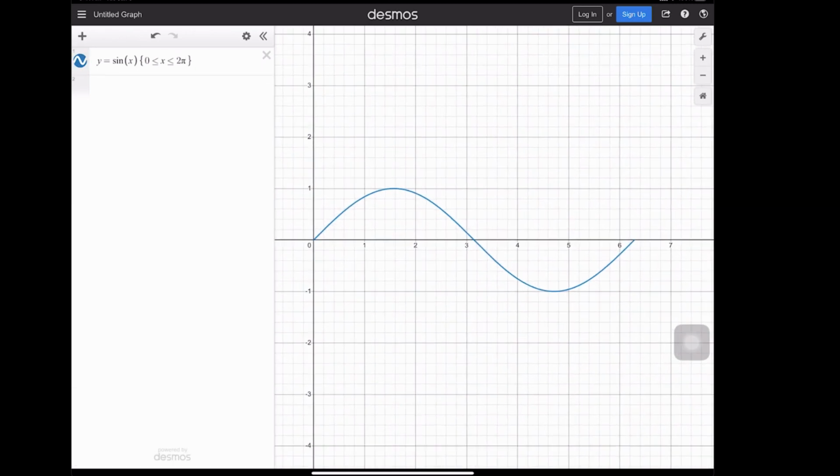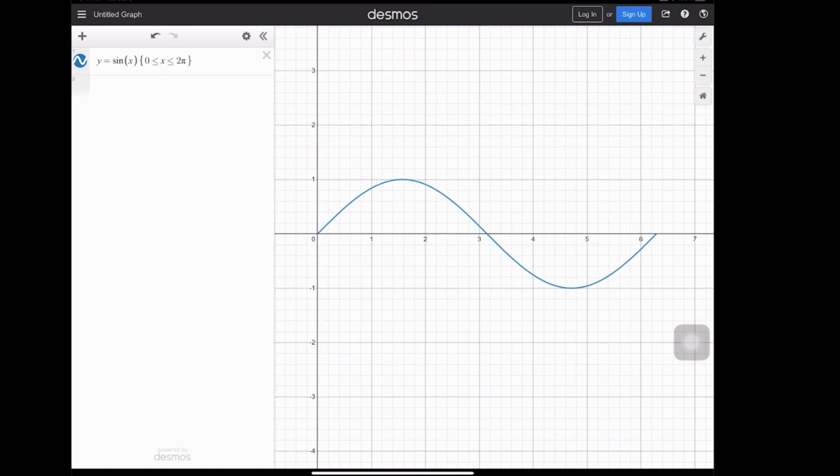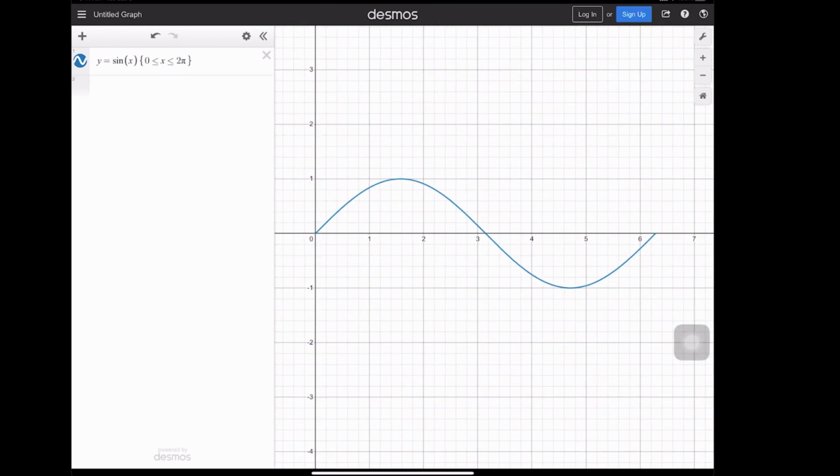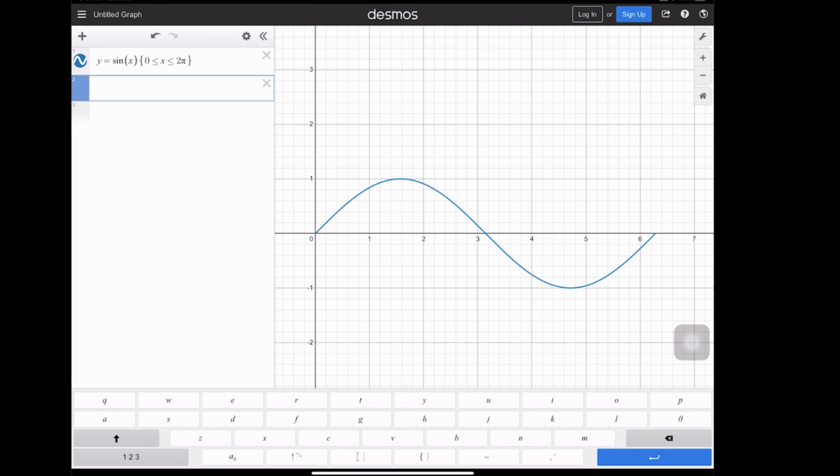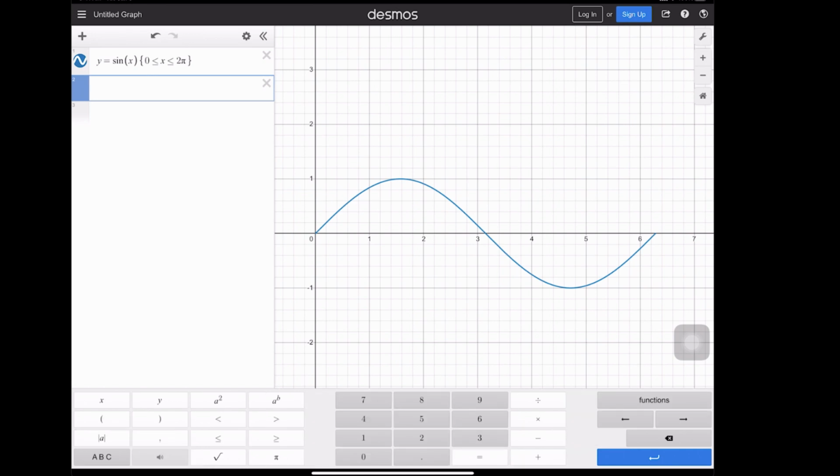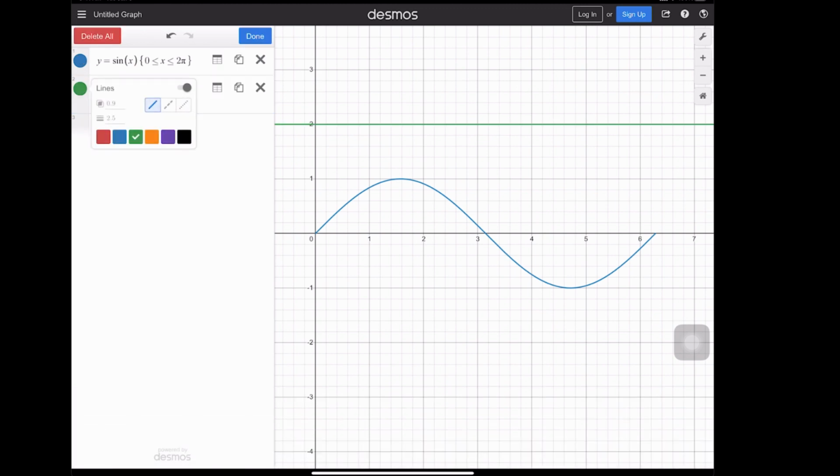Okay, you guys okay with that? Now notice what I did. Let's go back. Another equation: y equals 2. I like to shade that one just for reference in orange. I'm going to dot it.